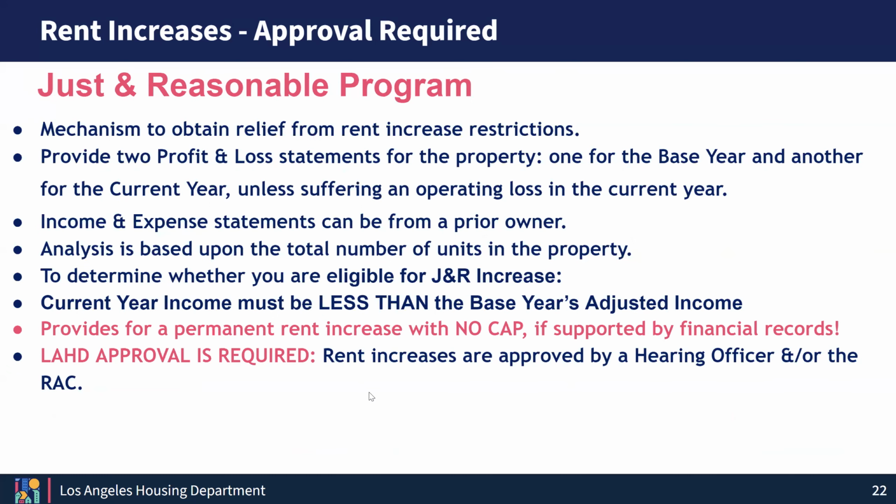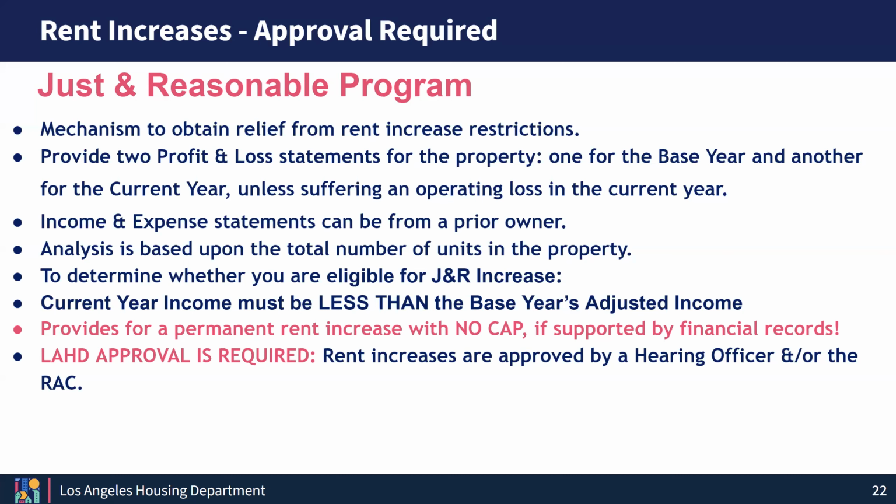The just and reasonable program. This is also an approval-required rent increase where an owner who applies can be approved for a permanent rent increase if they can establish that their operating expenses are higher than their income.